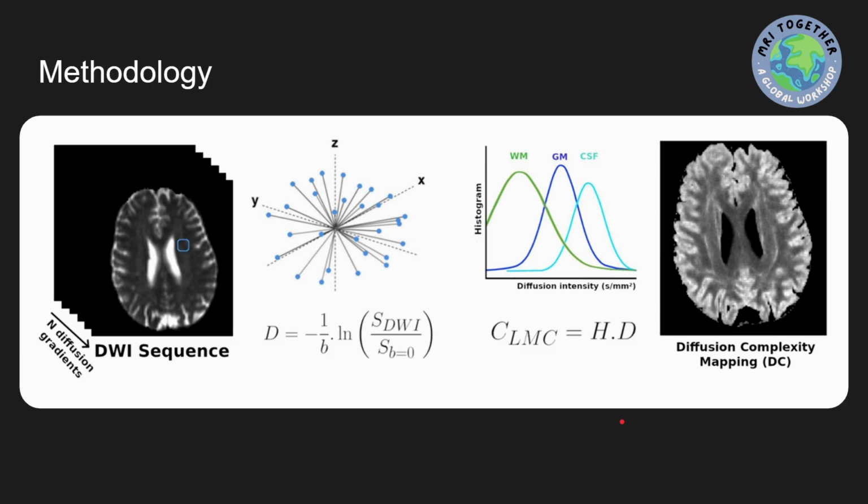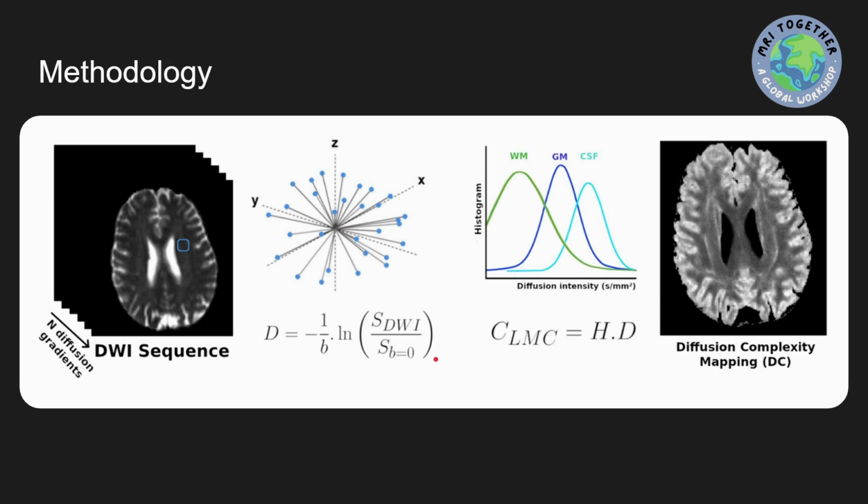Then a very quick way to represent our methodology here is acquiring the DWI sequence. It's basically the raw data used in DTI, collecting all the diffusion directions using the basic diffusion calculation.